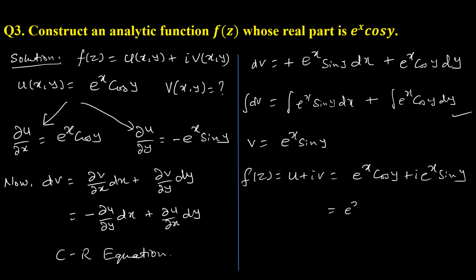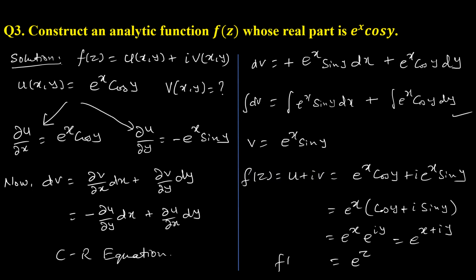Taking e to the power x common, we get cos y plus i sin y, which can be written as e to the power x times e to the power iy, that is e to the power x plus iy, so e to the power z. So f(z) equals e to the power z is the right answer. This is another way to get the analytic function.